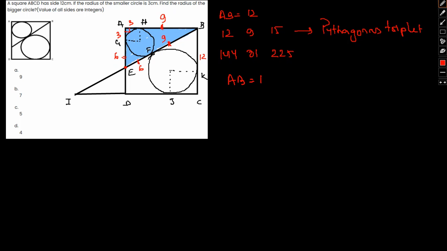AB is 12, AE is 6, and say EB is 15. So yes, our Pythagorean triplet is correct. Therefore ED will again be 3.